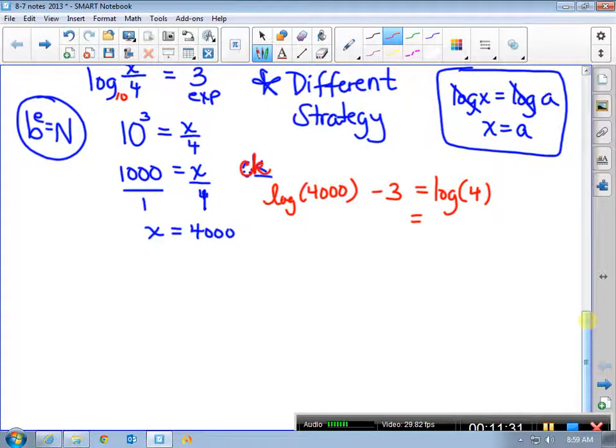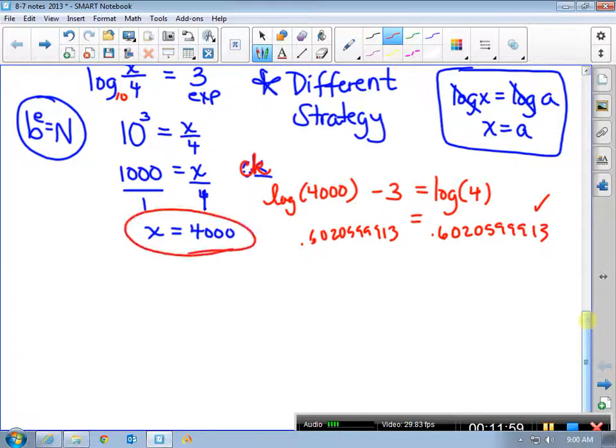Log of 4,000, close the parenthesis, minus 3, and then we're checking if it equals the log of 4, and I have 0.60205999913 equals 0.60205999913. So indeed it does check. We have a good answer.